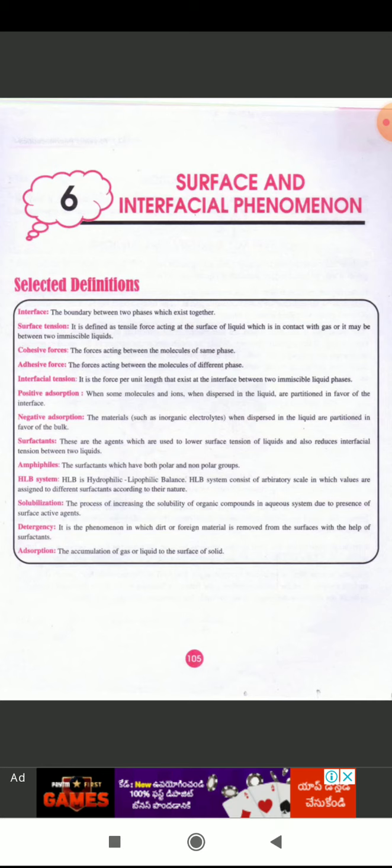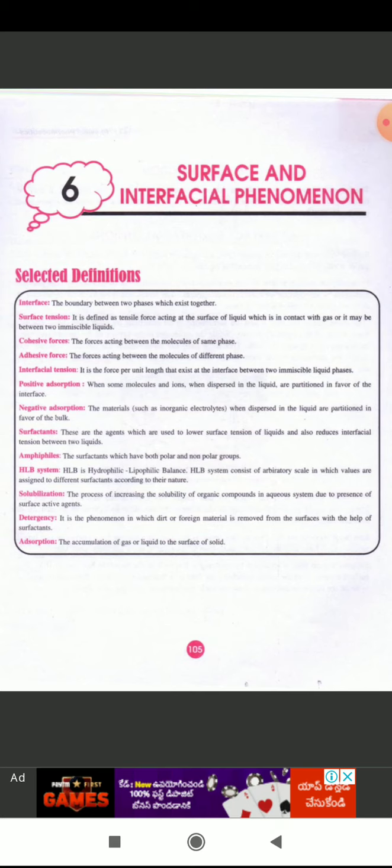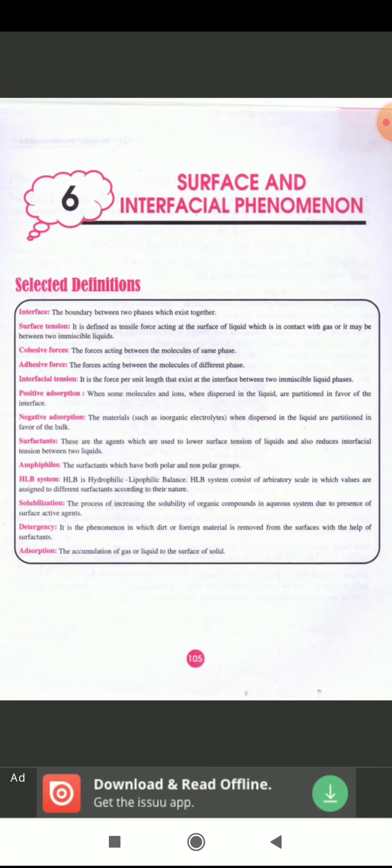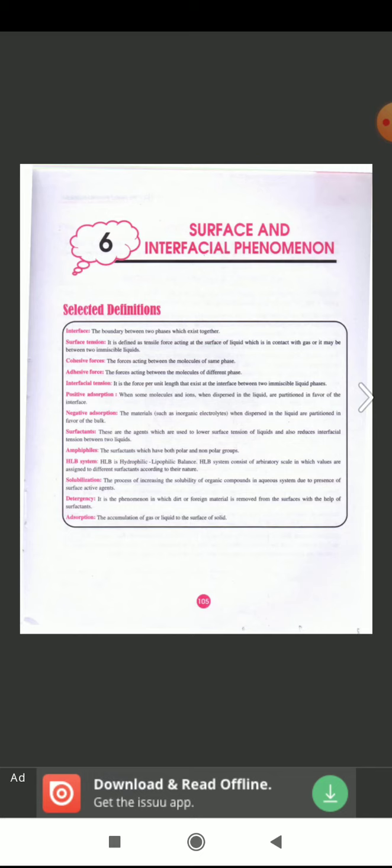Detergency is the phenomenon in which dirt or foreign material is removed from a surface with the help of surfactants, just like our soaps. Finally, adsorption is the accumulation of gas or liquid at the surface.